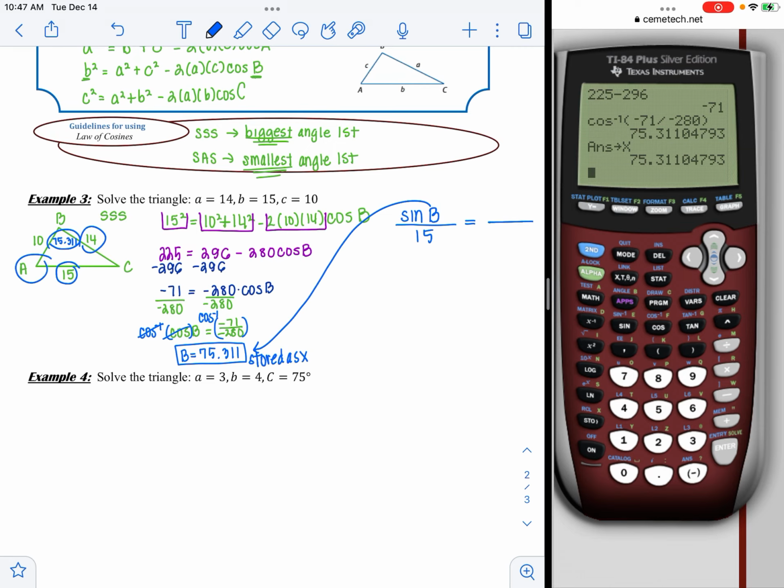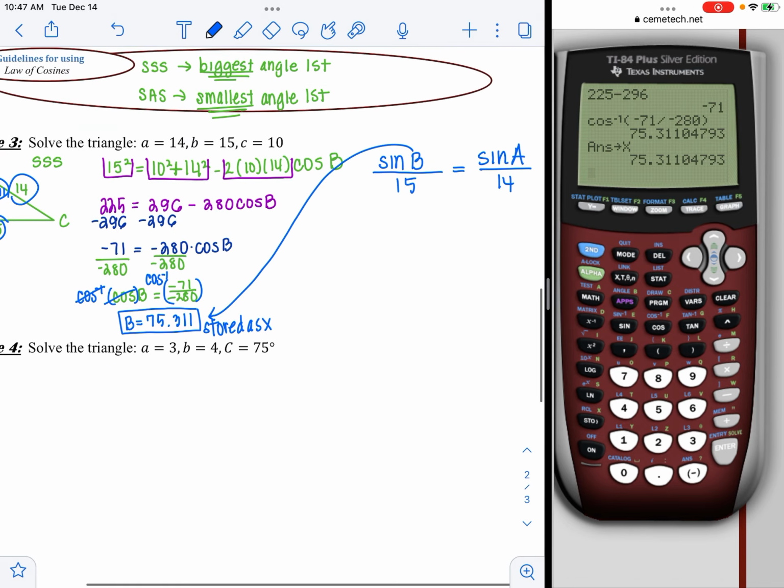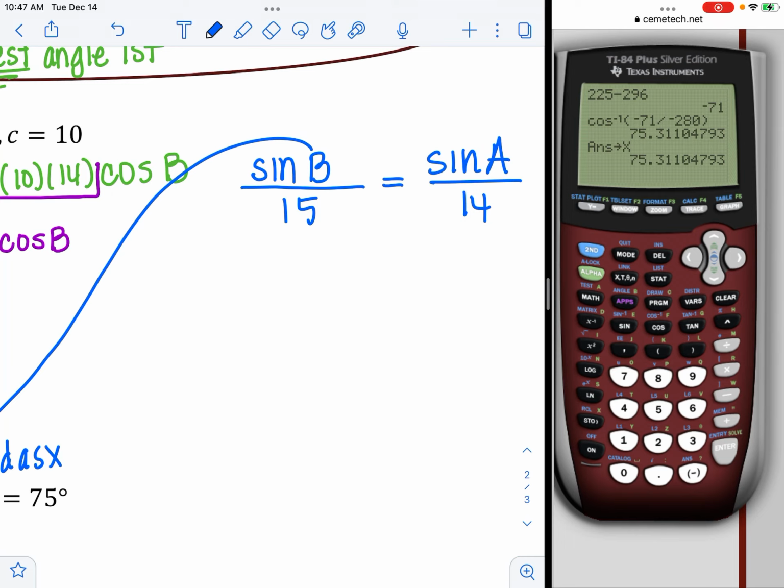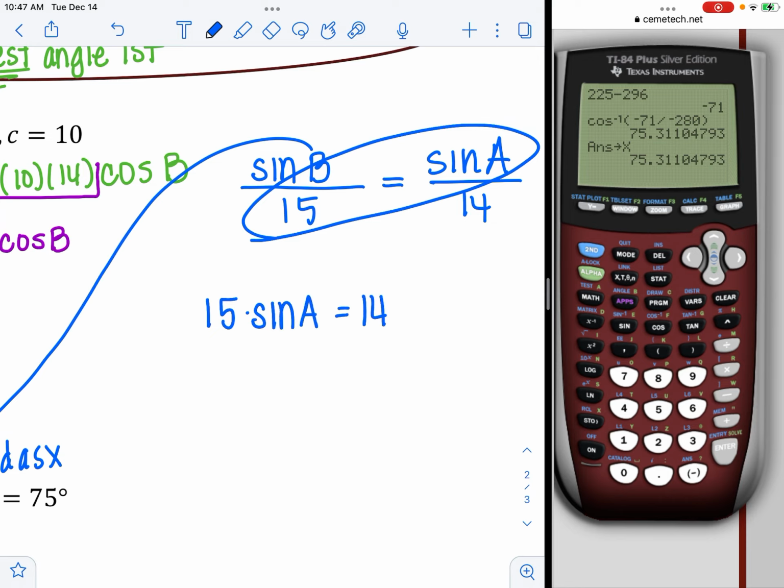So we said A, 14, so sine of A over 14, and we need to solve for angle A, so we're going to cross multiply. 15 times the sine of angle A equals 14 times the sine of, you can either write B or 75.311. It doesn't matter to me, whichever one you'd rather do, okay?